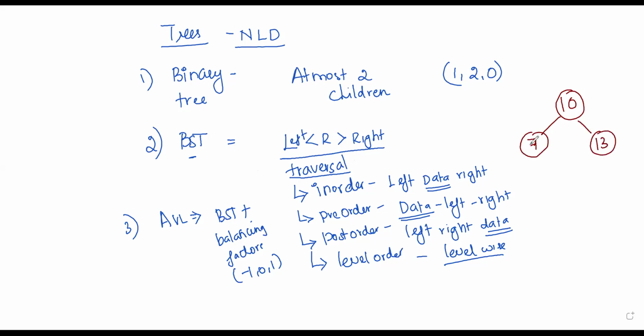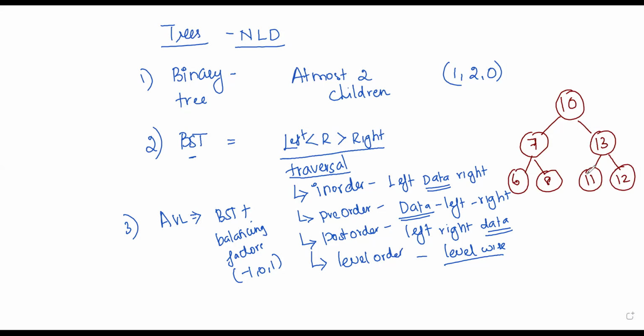Whatever nodes come after the 7 should be lesser than 7 and lesser than 10 also, for example 6 and 8. See this left side tree: 6 is lesser than 7, 8 is greater than 7, but this 8 is not greater than 10. Similarly, it can be 11 and 12. 11 is lesser than 13, but it is greater than 10.